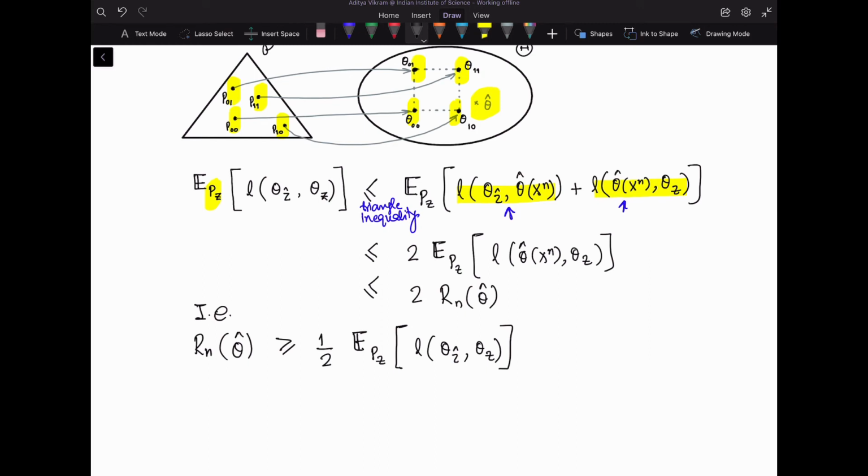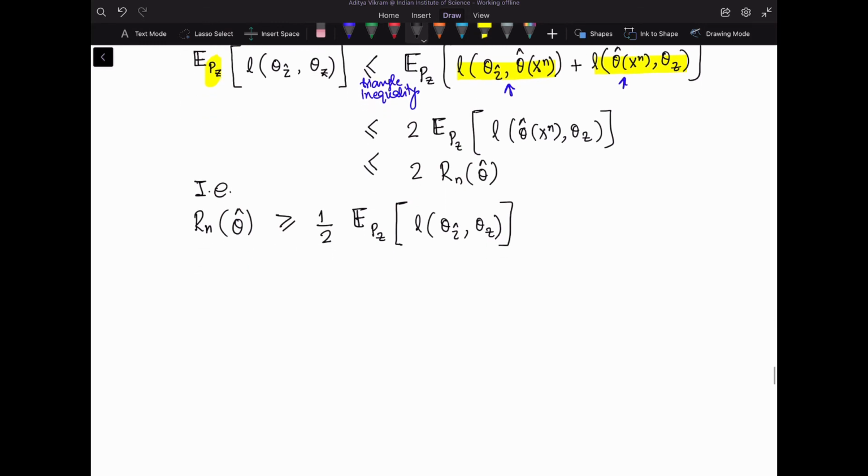Okay, so now in Fano's inequality, the way we brought in the probabilistic statement was by using Markov's inequality, right? But here the probabilistic statement comes more naturally, and this is because we now use the fact that this L here, between theta_z hat and theta_z, is greater than or equal to delta times the sum over i equals 1 to m.